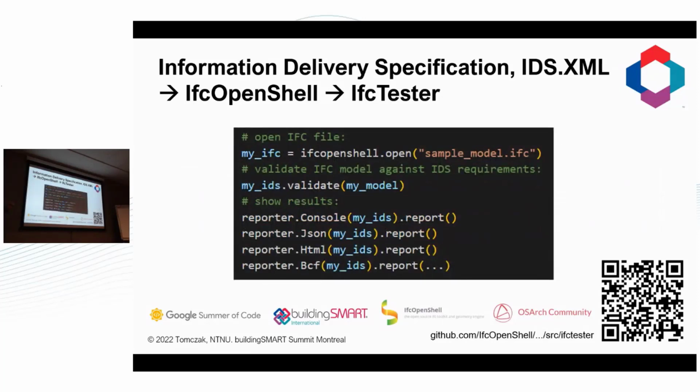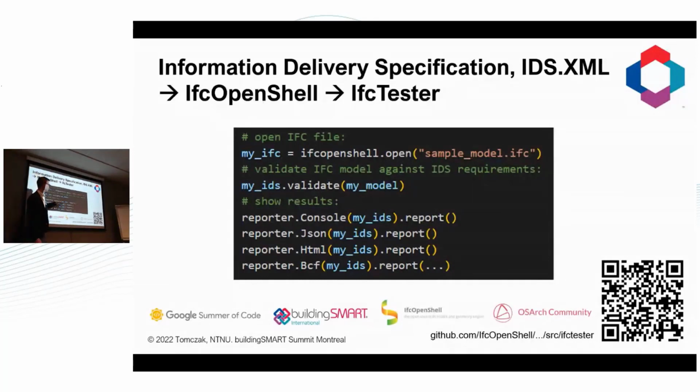And after you have your IDS defined, you can validate your model. In this case, I'm opening the IFC model from my desktop using IfcOpenShell. I run the validation, and then I can show results in multiple ways.